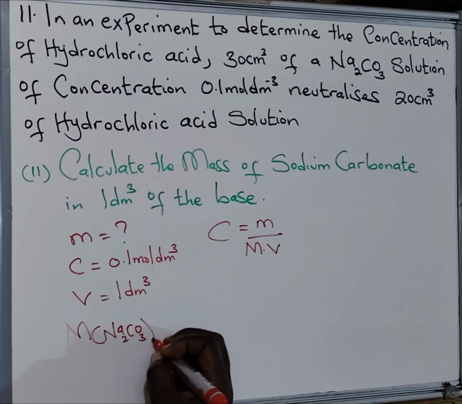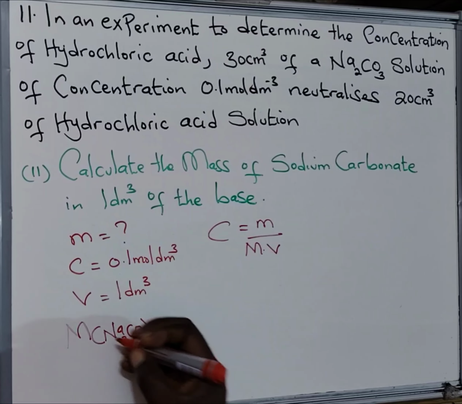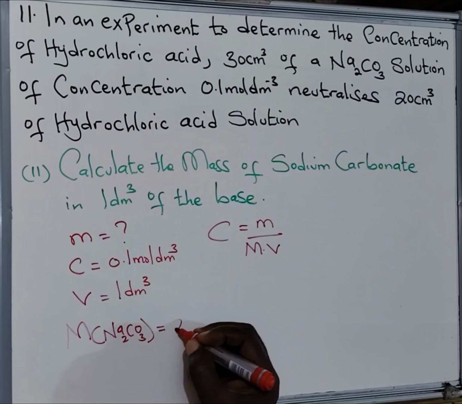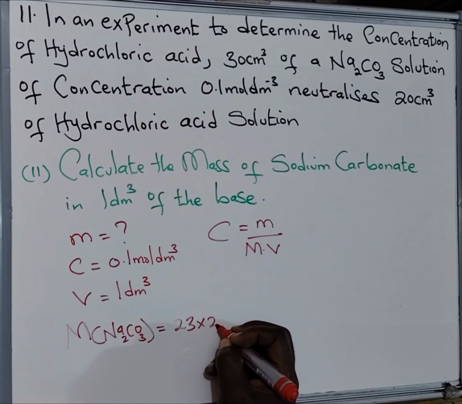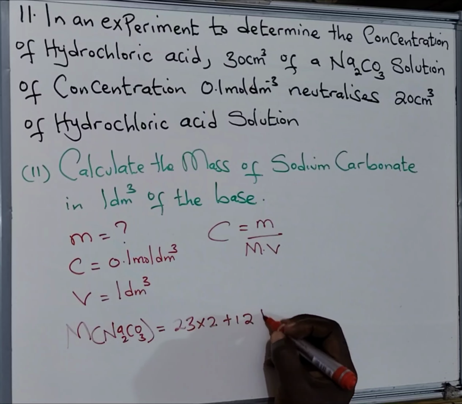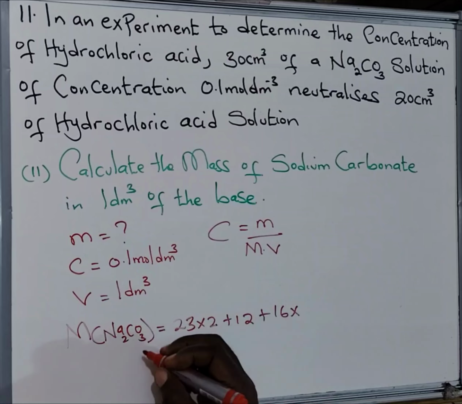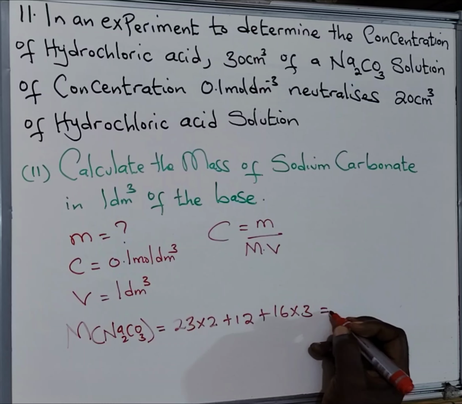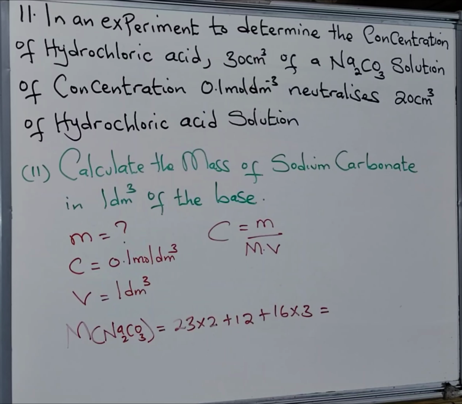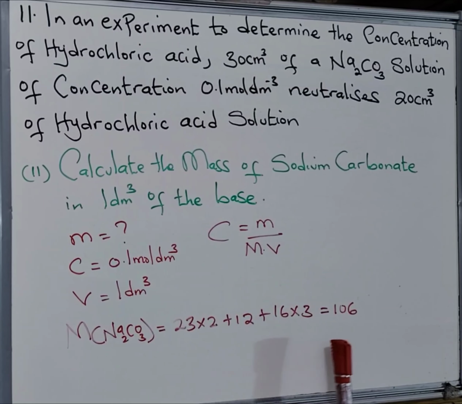We have sodium, which is 23 times 2, carbon, which is 12, plus oxygen, which is 16, but times 3. So our molar mass is 106.